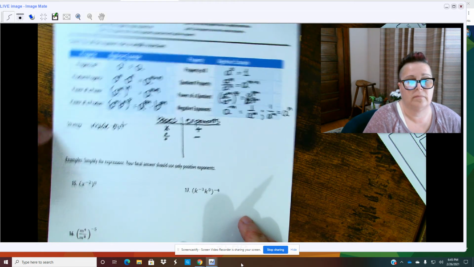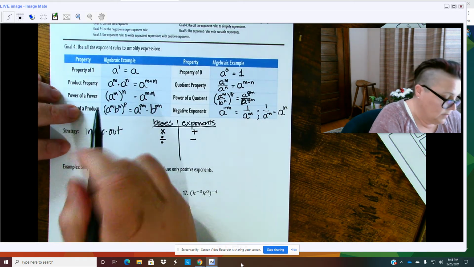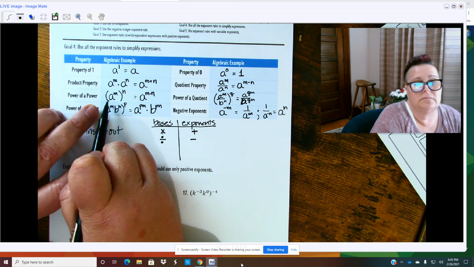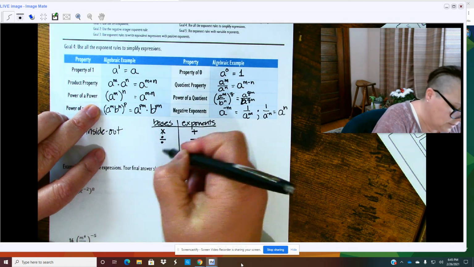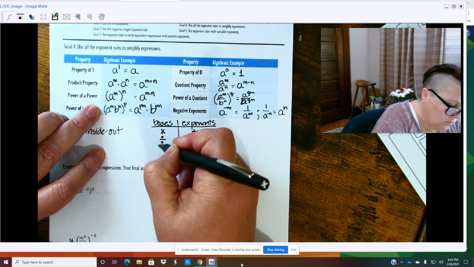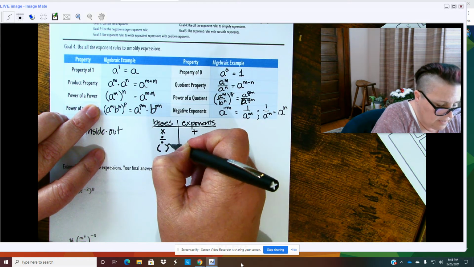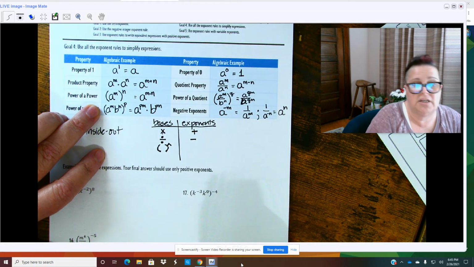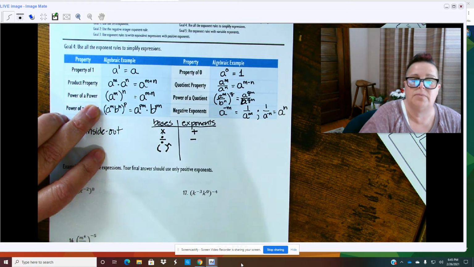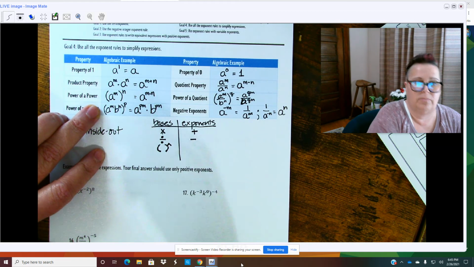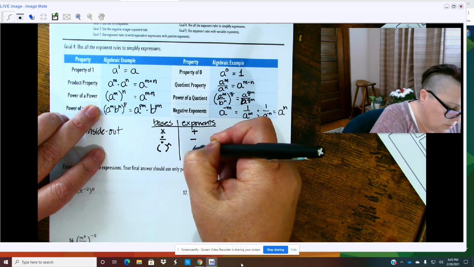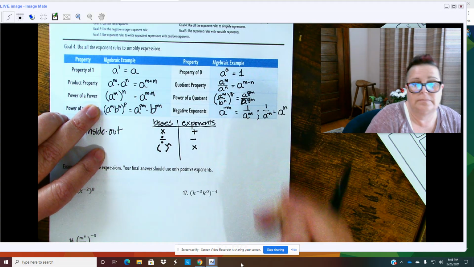Okay? When you have the power of a power or the power of a quotient, so when you have the entire base taken to another power, and I'm going to use that chevron to indicate I've got something being taken to another power, what happens with the exponents? I multiply them.